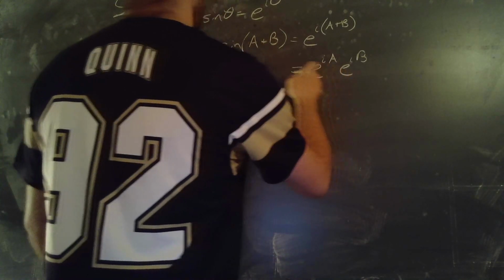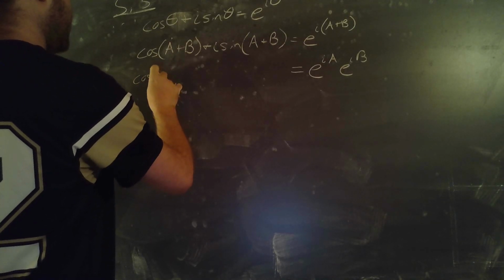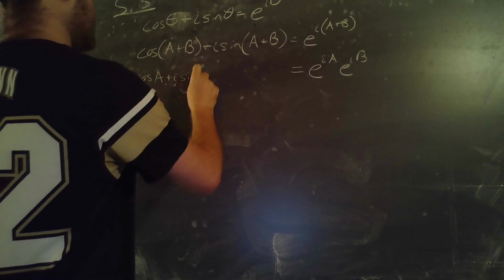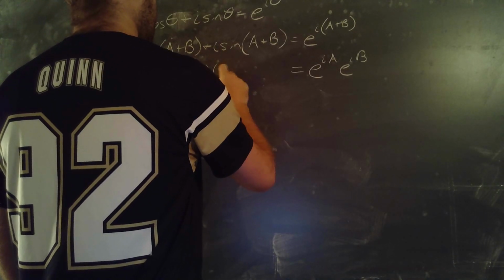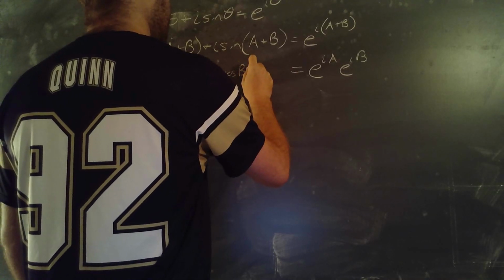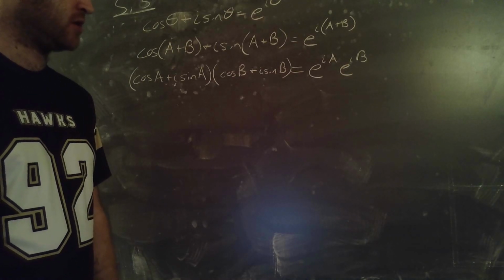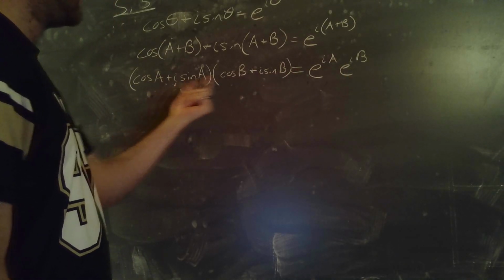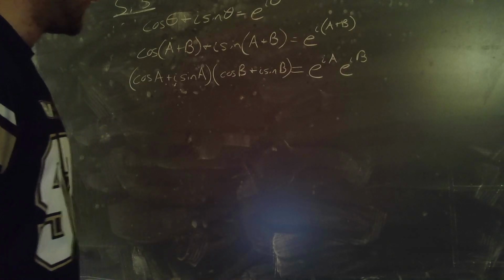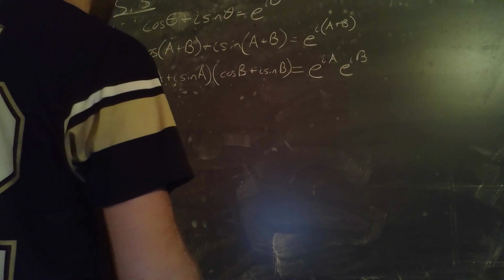Okay, so we have here the cosine of A plus i sine of A and the cosine of B plus i sine of B. And that's just applying Euler's formula backwards so that e to the iA becomes this and e to the iB becomes this.